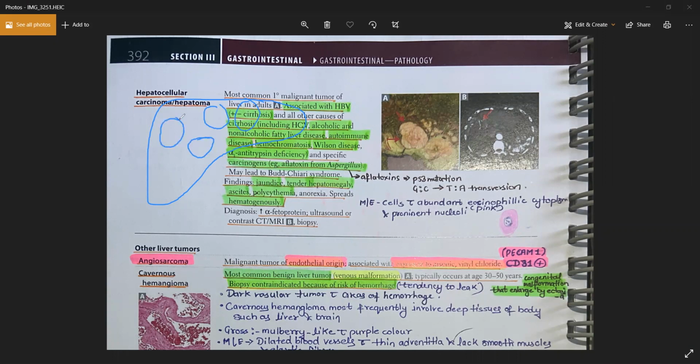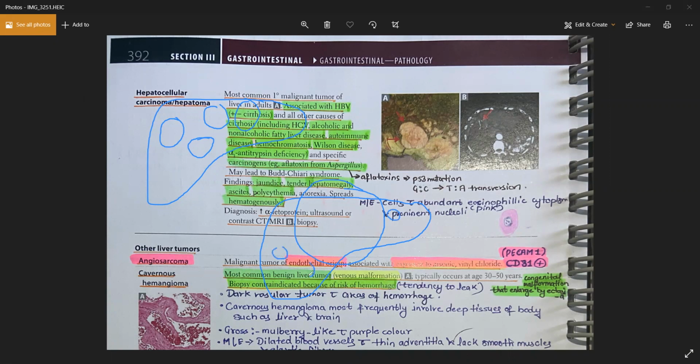Whenever you see multiple nodules of the same size, or slightly increased or decreased, that means it is a metastatic type injury. In case of a primary tumor of the liver, if this is my CT of the liver, you will first have a very large solitary mass like that.